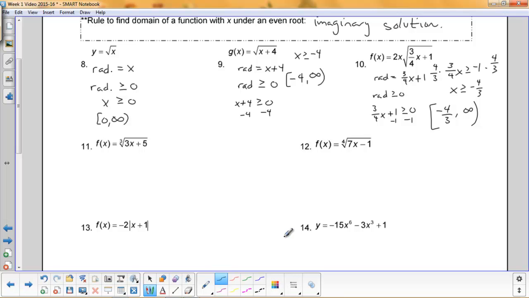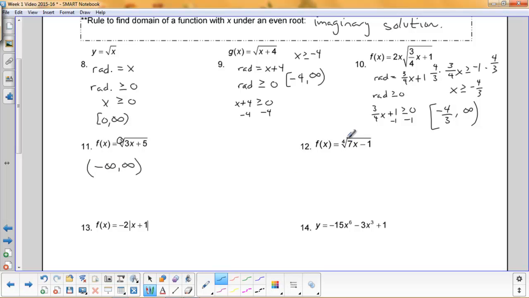Therefore, any other function that doesn't follow the restriction has no restriction. Okay? So number 11, that's a 3. That's an odd numbered index. Because we didn't say anything about odd ones, only even ones, there is no restriction. Since there is no restriction, that's negative infinity to positive infinity.